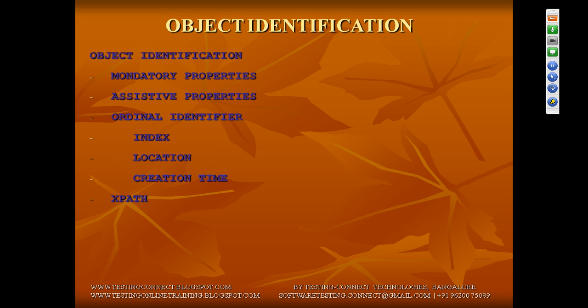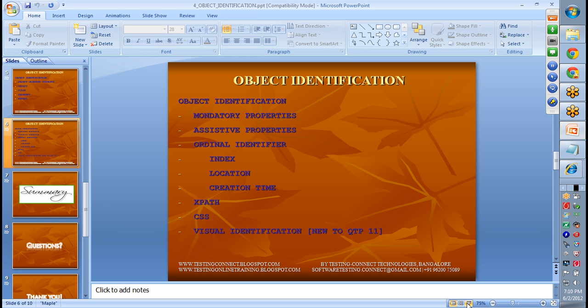Your house has a unique address in the globe, and no other house should have the same address. Exactly, each and every element in your application should have a unique ID. The developer puts some unique ID for developing that object. That is nothing but XPath. So XPath is nothing but a unique ID in your application.